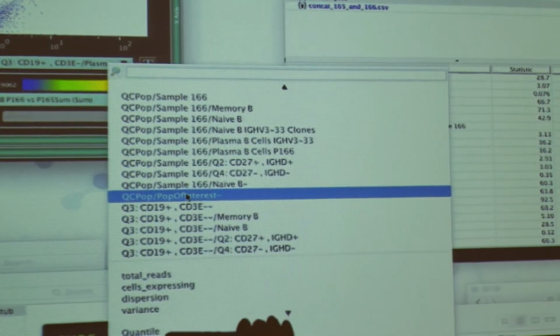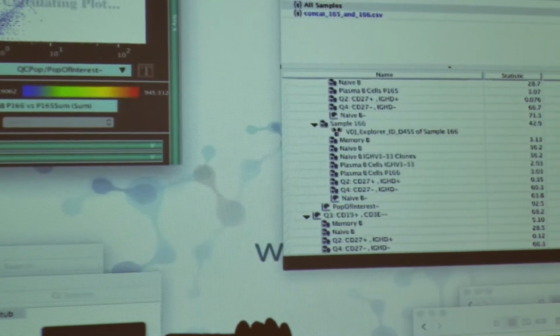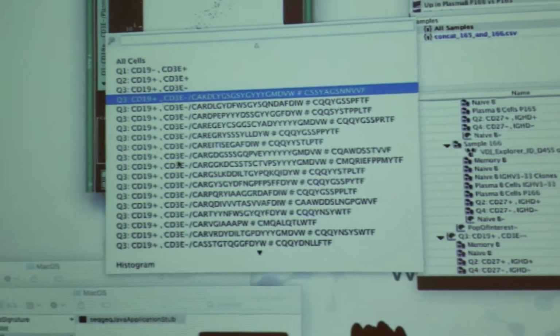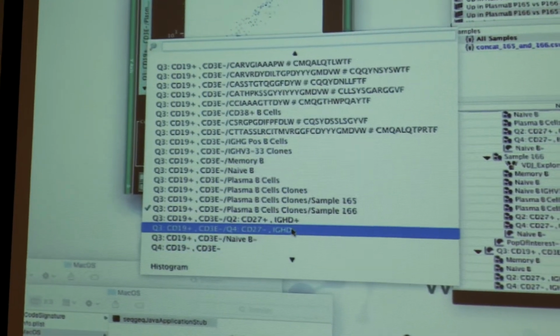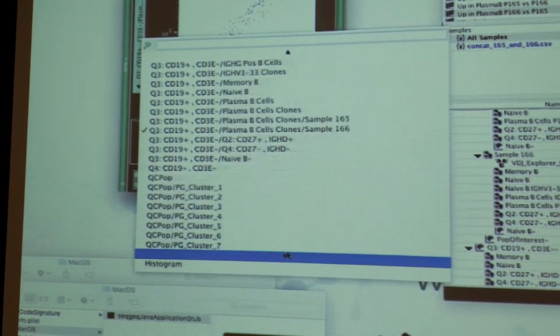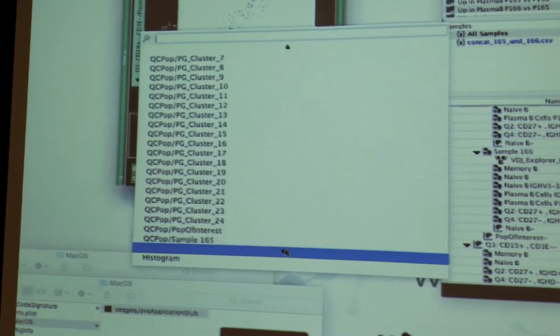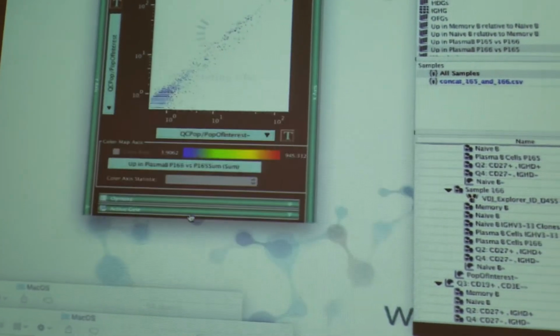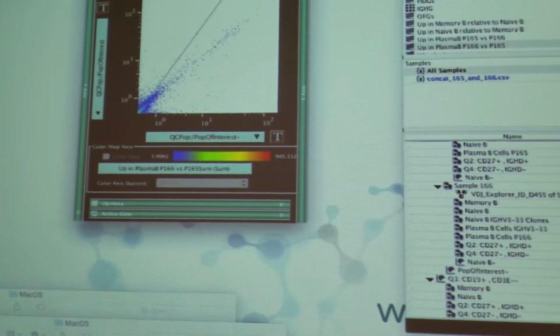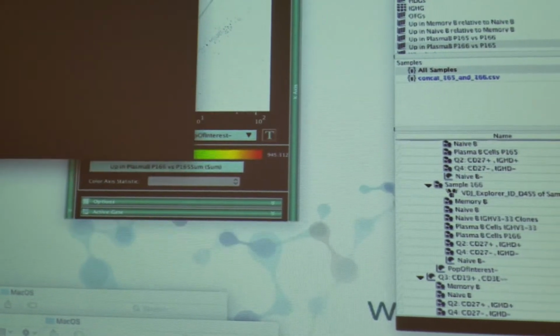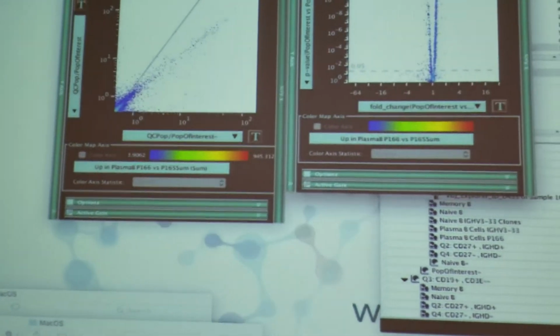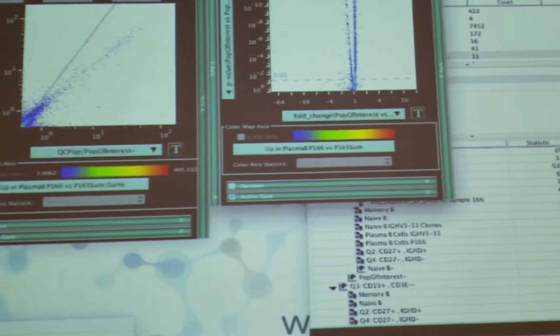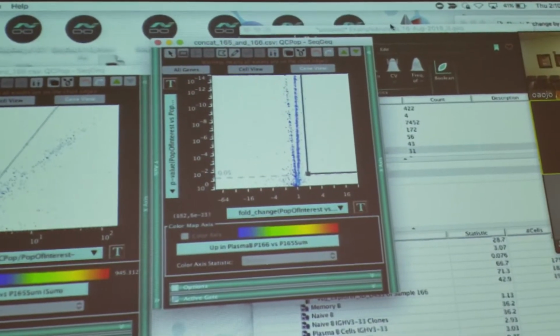There it is. So pop of interest minus the population of interest itself. There it is. You know, everything on the right here is our up in population of interest.